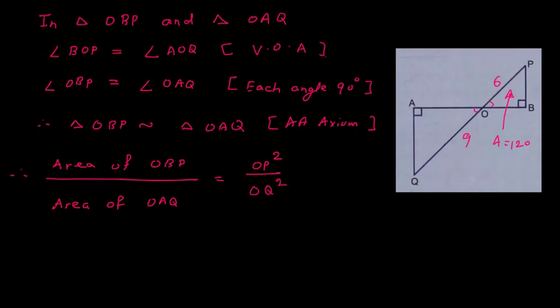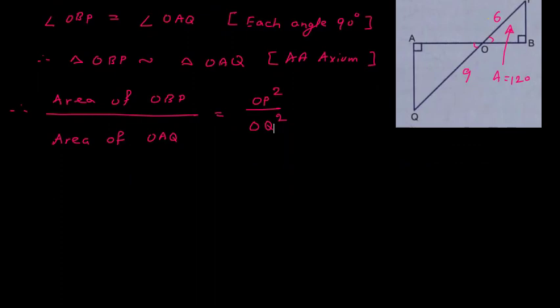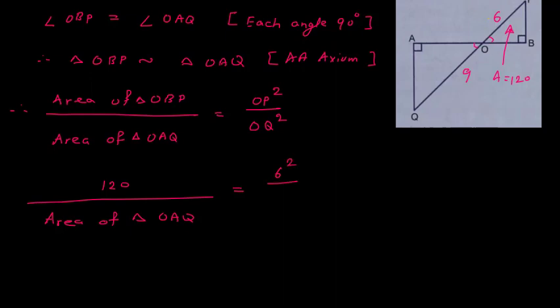Okay, so area of triangle OBP, it is given 120, so I will write 120 divided by, here we have area of triangle OAQ. This is equals to OP. What is the value of OP? Value of OP is 6, so this is 6 square divided by the value of OQ is 9, so it is 9 square.